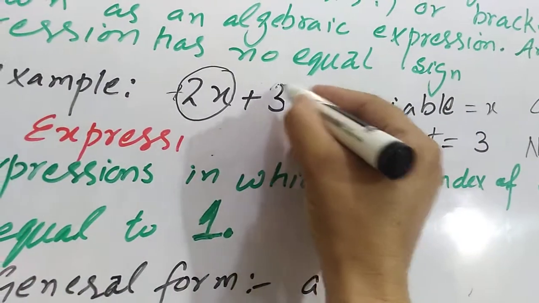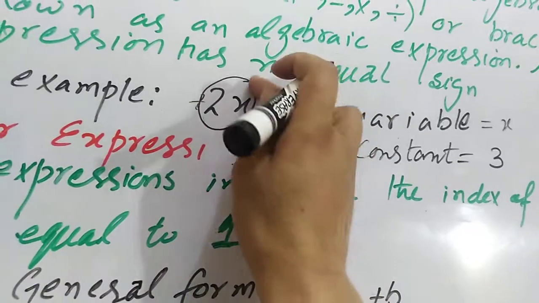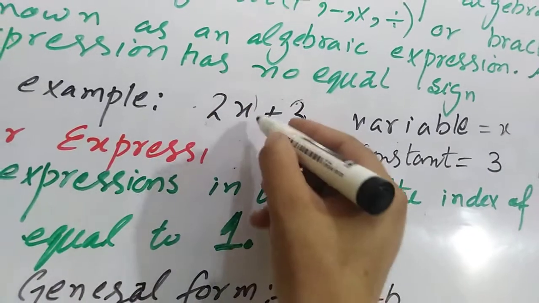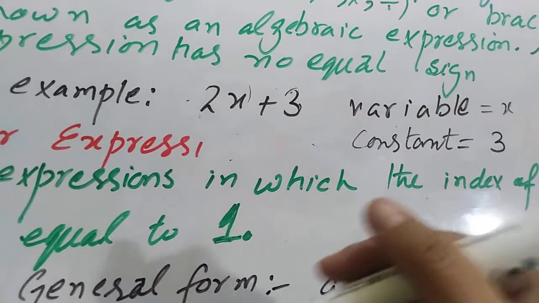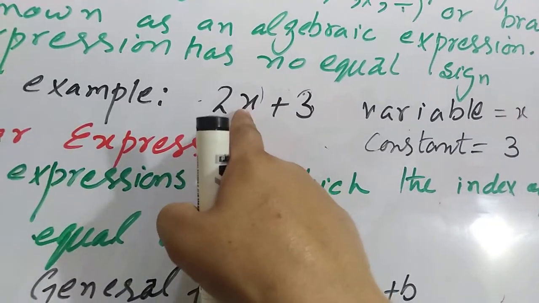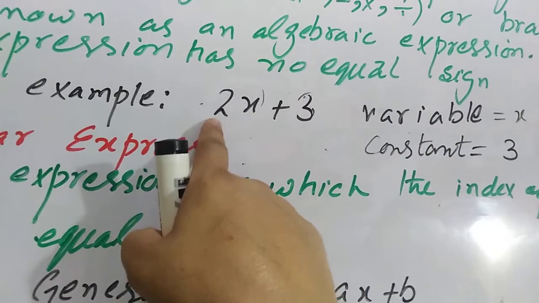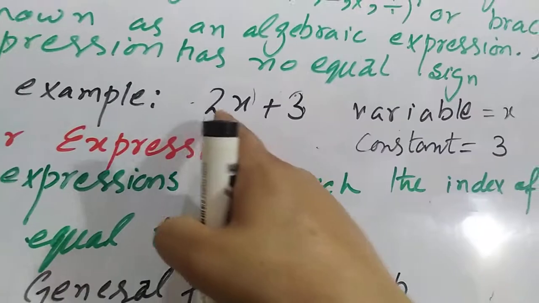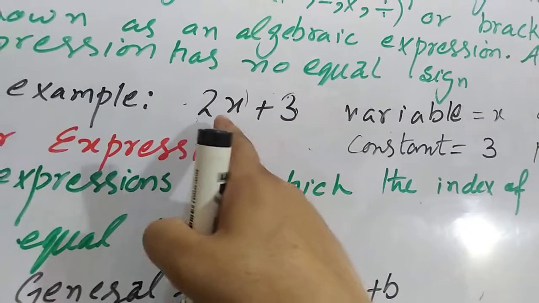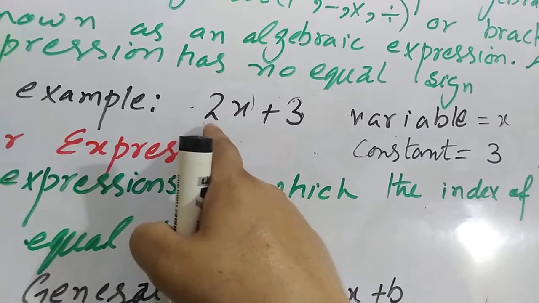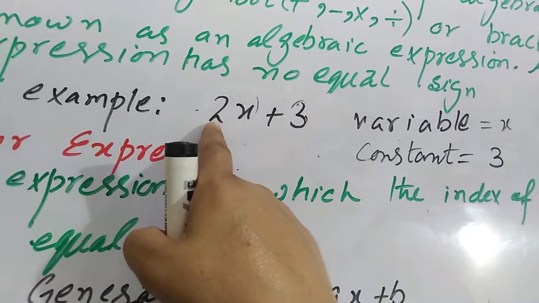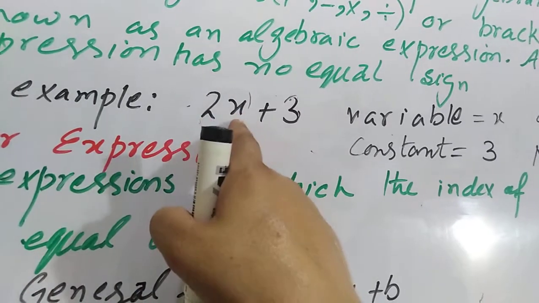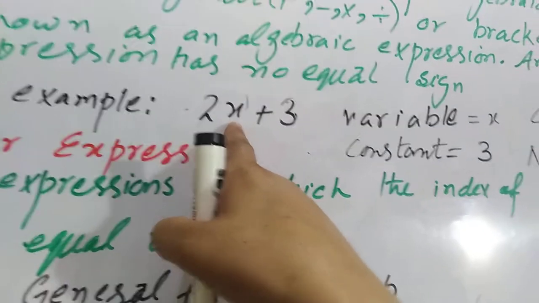And a coefficient is such type of numerical value in an algebraic expression which has a variable along with it. You can see over here I have named 2 as the coefficient. Along with the 2 there is a variable, so it's not a constant, it's a coefficient.